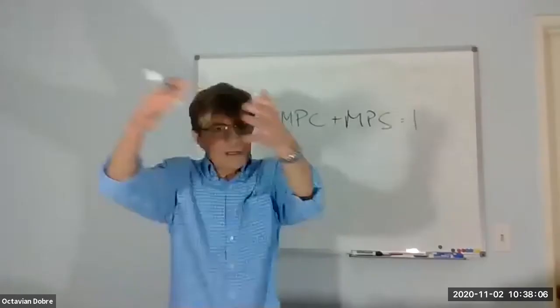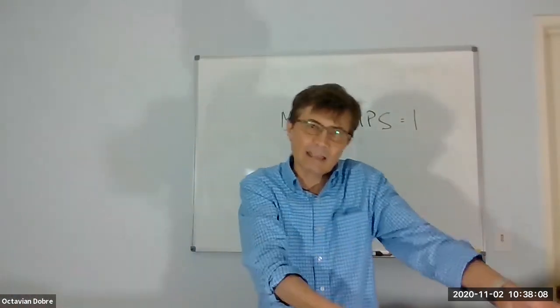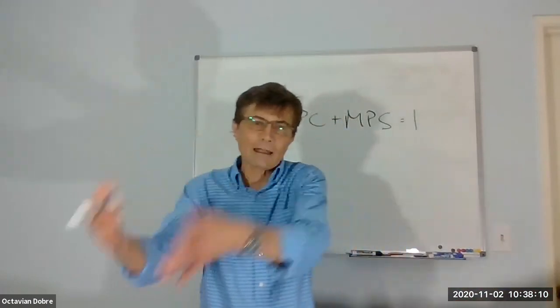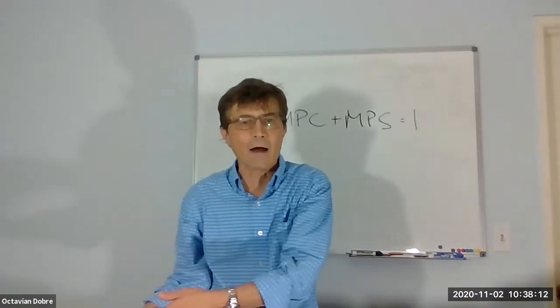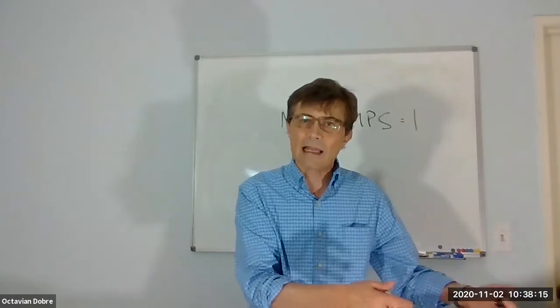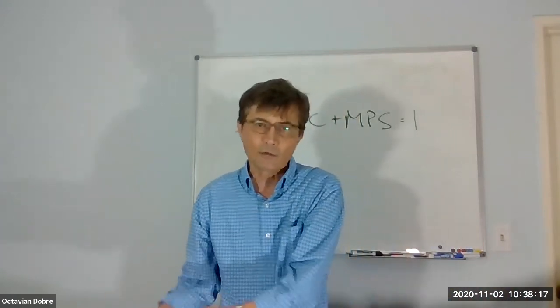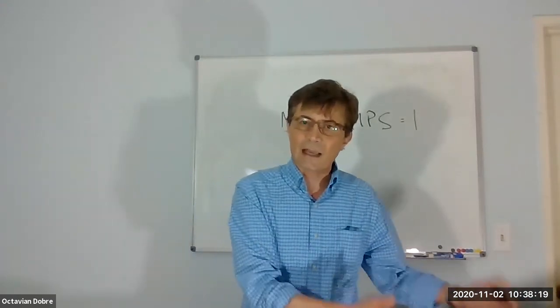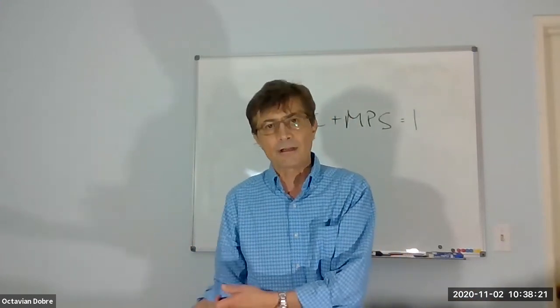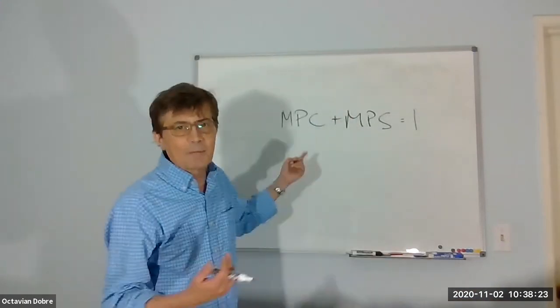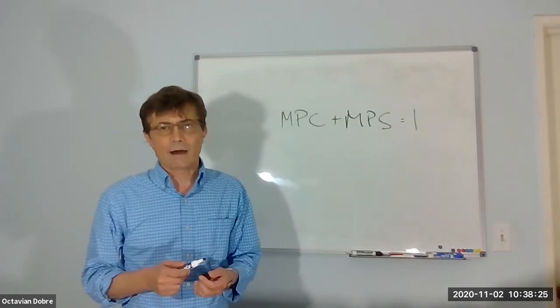Is saving. Exactly. If you consume 90, that means that you got to save 10. If you get an extra dollar's worth of income and you consume 80 cents, that means that you put aside 20 cents. If you consume 70 cents, you put aside 30 cents. So MPC plus MPS always add up to 1.